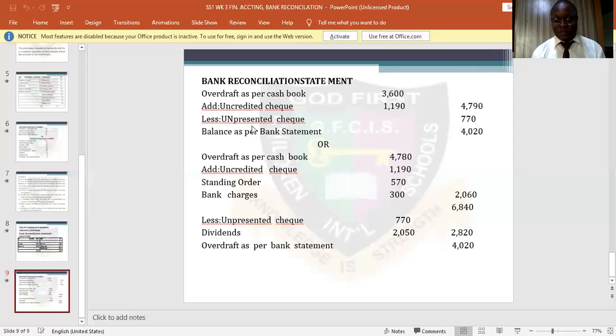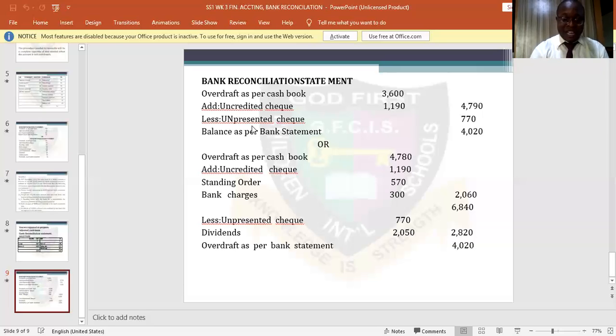Don't use the two methods at the same time, except the examiner stated in the question that you have to prepare only the bank reconciliation statement. Only then are you allowed to use the second method.